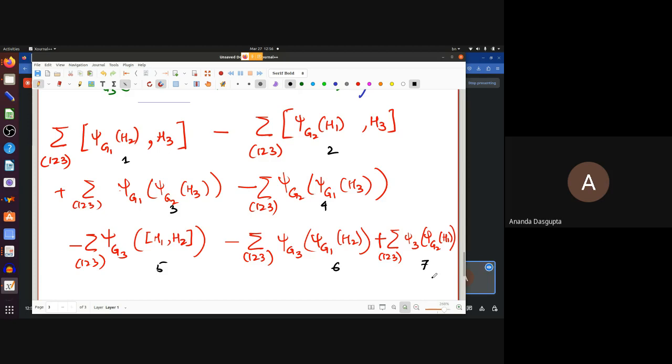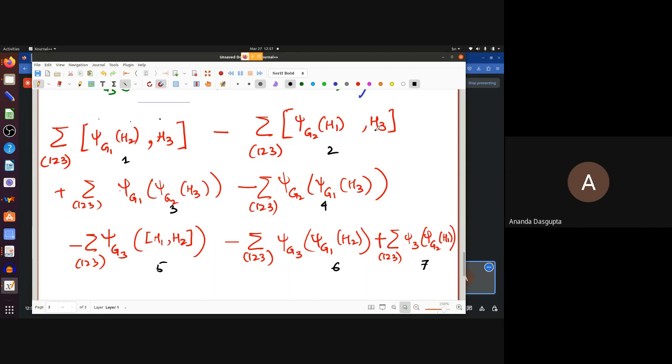Because the term that you get is the sum of, look, psi HH, in this order, that's going to stay unchanged. You're going to just permute 1, 2, 3, 2, 3, 1, 3, 1, 2, right? That is, you have psi G1 H2 with H3's bracket, then psi G2 H3 with H1's bracket, psi G3 H1 with H2's bracket. That will not cancel with this.